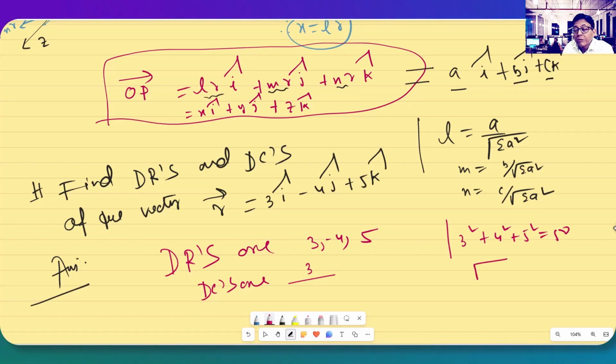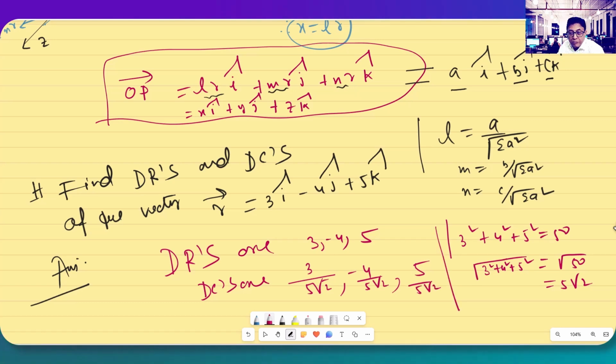So sigma a square is going to be root 50. Root 50 is 5 root 2. So 3 by 5 root 2, minus 4 by 5 root 2 and 5 by 5 root 2. Hope you have understood.